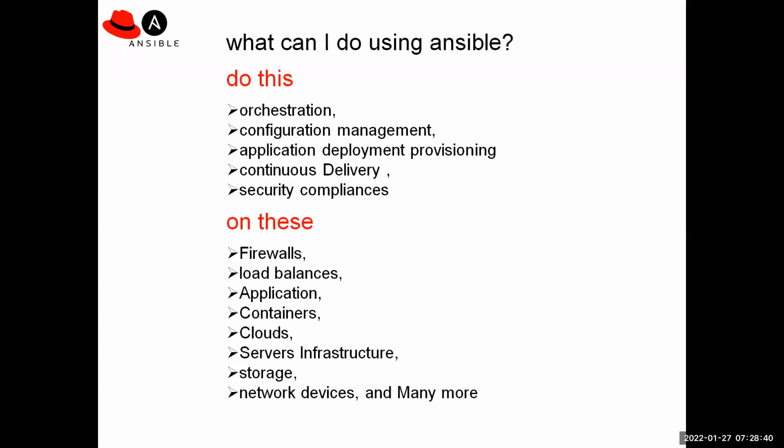Now let's go into the next thing. What can I do using Ansible here? You can do orchestration, as we discussed just now. You can do configuration management, application deployment, provisioning, CI/CD, security compliance. You can do all these things on firewalls, load balancers, your applications, containers, cloud, everywhere.